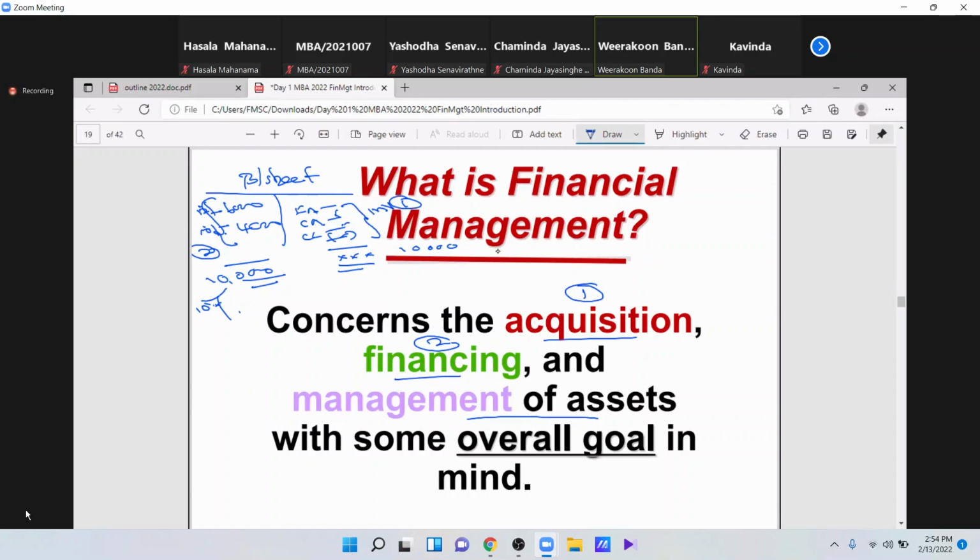Otherwise, you can make a loss. If you maintain the inventory level appropriately, you can earn an appropriate return. But if you are unable to perform well, then there can be some losses. Even for the total assets, the fixed assets, you have to maintain them properly.